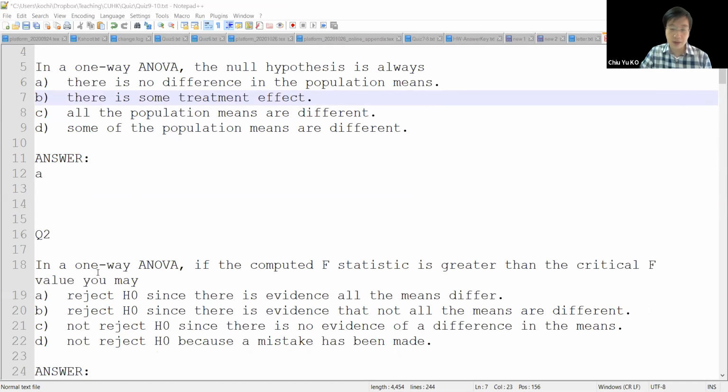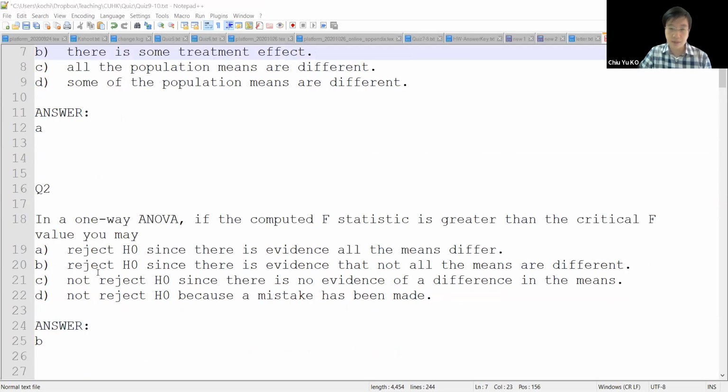For one-way ANOVA, if the computed statistic is greater than the F critical value, then of course you reject H null. So C and D are not right, because you can only prove that some of them are different, not all.